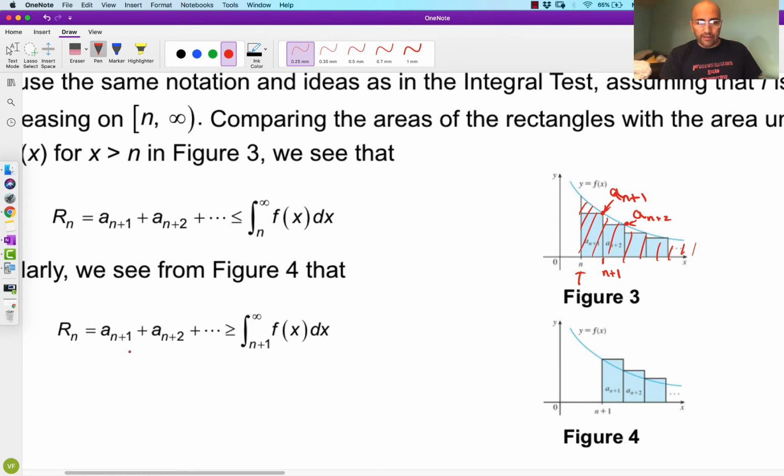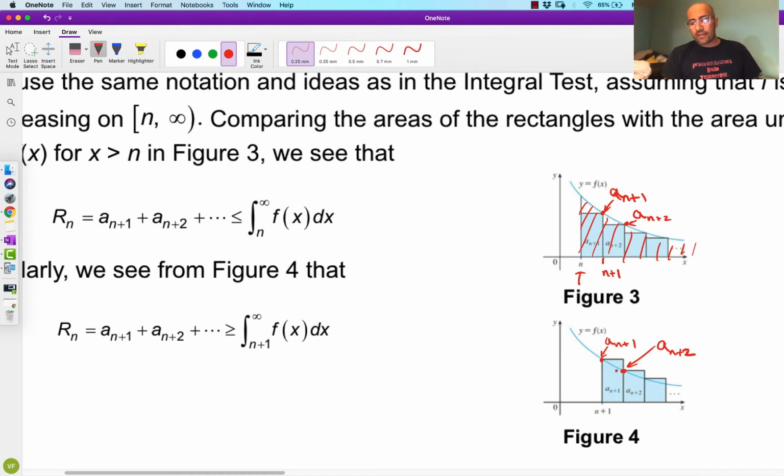On the other hand, if we start at n plus 1 and go to the right and come down, this height right here would be the a sub n plus 1 value, and over here this one would be the a sub n plus 2 value, and so on and so forth.